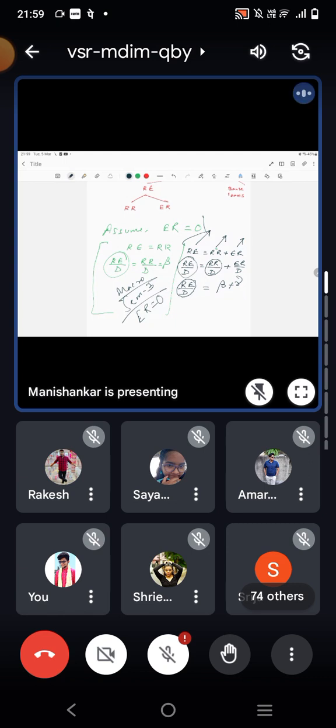Now we'll derive all the multipliers without taking excess reserve equals to 0, and then just modify all the multipliers.